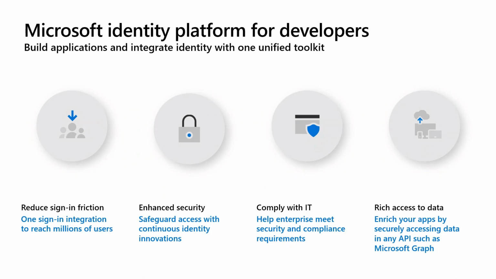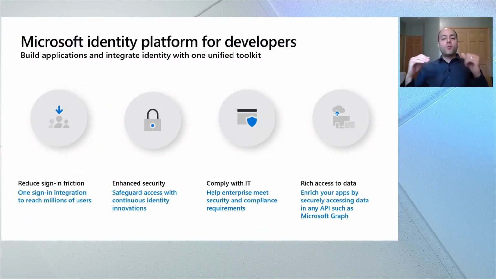First, we're going to reduce sign-in friction. The Microsoft Identity Platform enables users to sign in with their preferred identity in using a familiar user experience. Second, security is enforced by Microsoft, and you'll always get the latest in identity innovation, such as passwordless, without having to build it yourself. Third, your app will be easy to manage by IT and comply with IT policies.